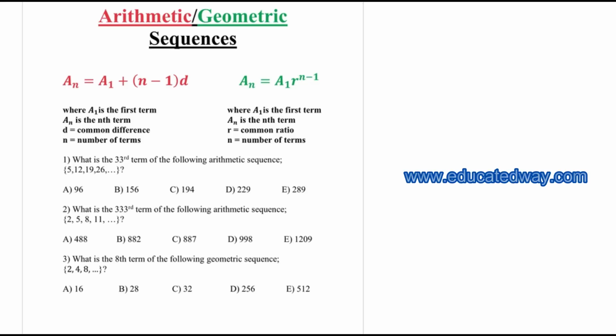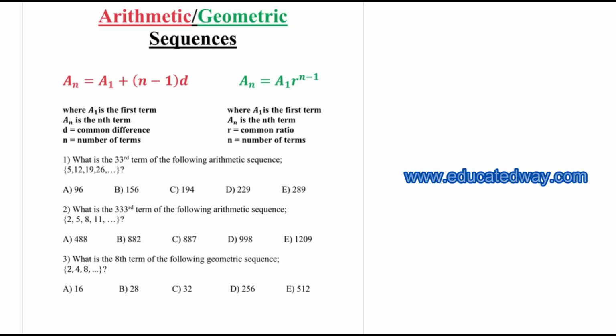The geometric formula is a sub n equals a sub 1 times r to the n minus 1 power, where a sub n is the nth term, a sub 1 is the first term, r is the common ratio, or the number each term is multiplied by, and n is the number of terms.